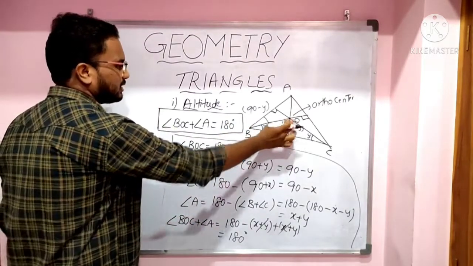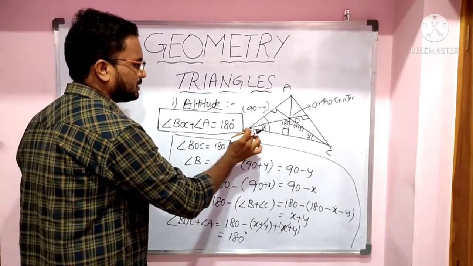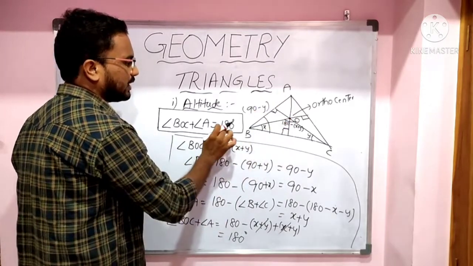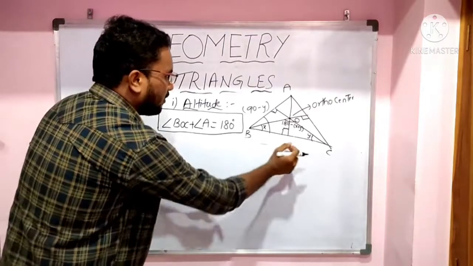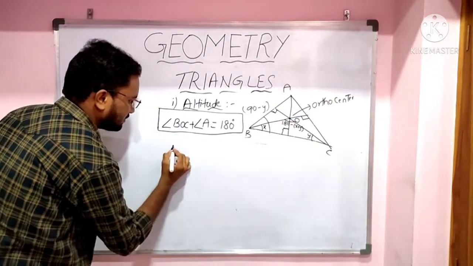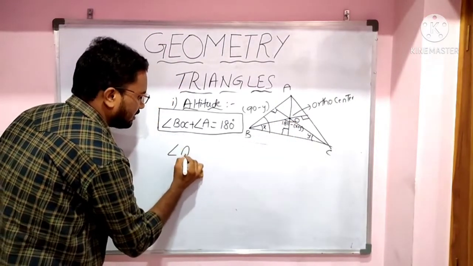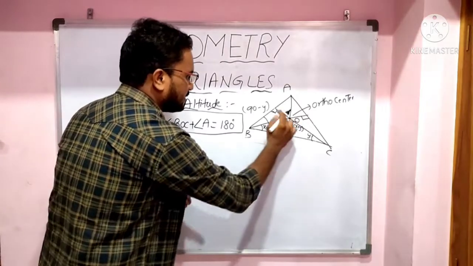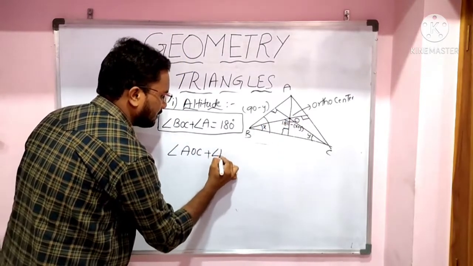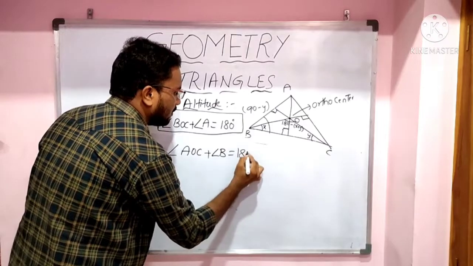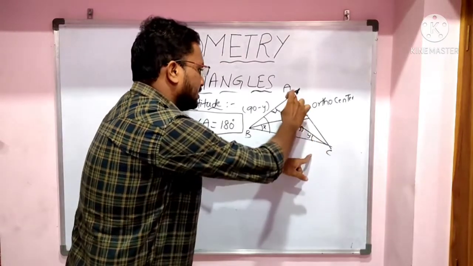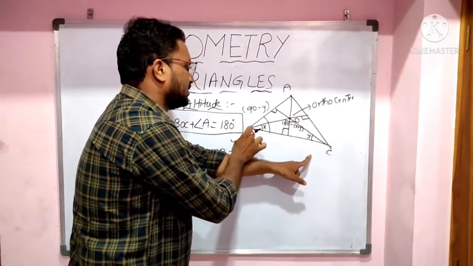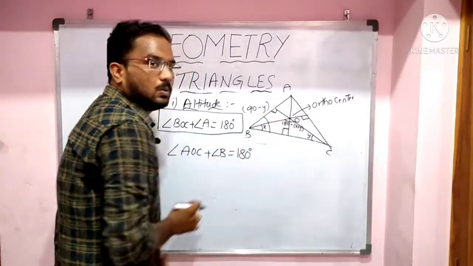If O is the orthocenter, then the sum of these two angles equals 180 degrees. Also, angle AOC plus the opposite angle B equals 180 degrees.